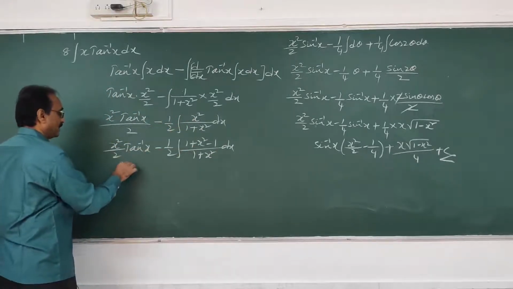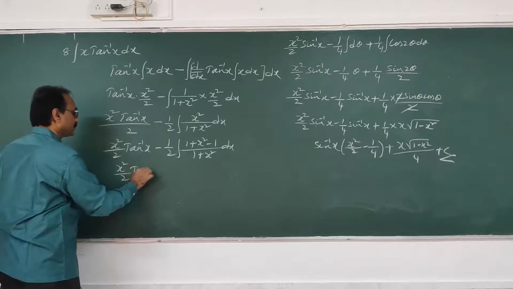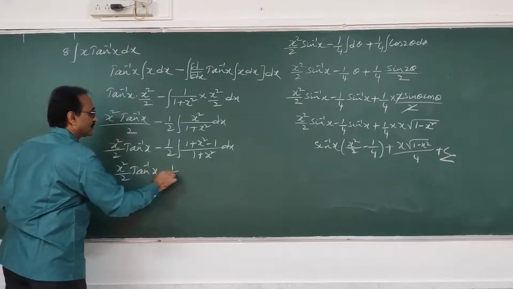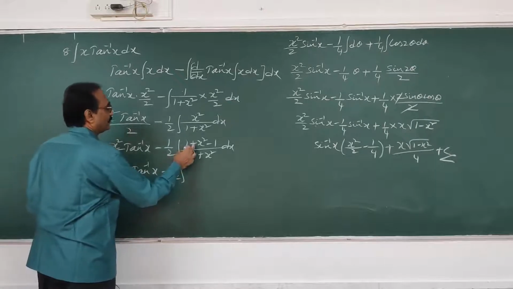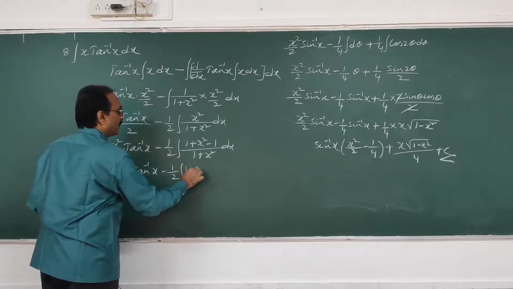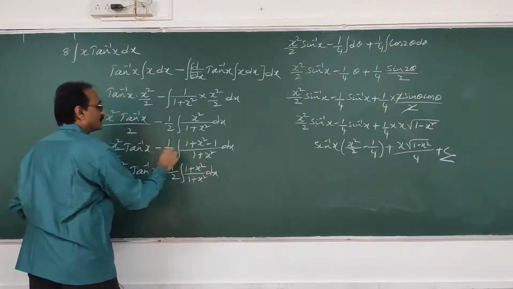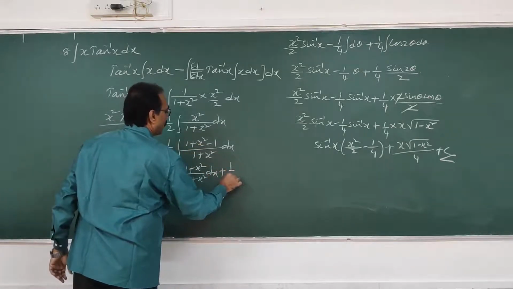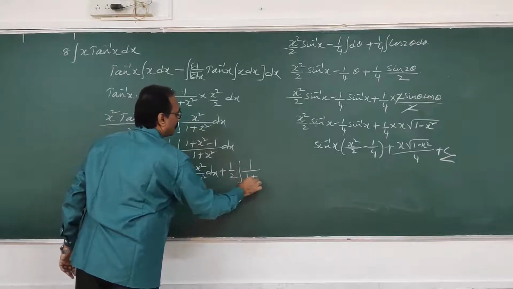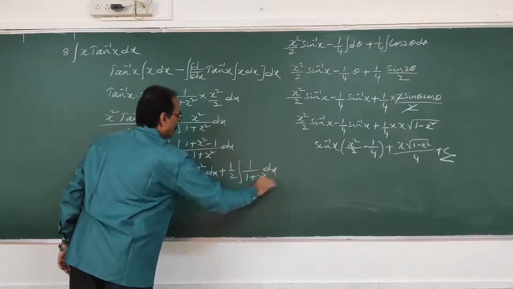Then what will happen? x square by 2 tan inverse x minus 1 by 2 integral of 1 plus x square by 1 plus x square. You write it, no problem. One step gone means nothing will happen. So minus into minus gives plus 1 by 2 integral 1 by 1 plus x square dx. Now these two cancel.